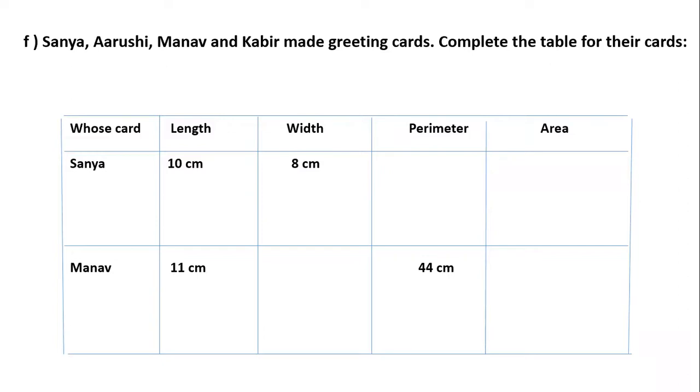First question. Length is 10 centimeters. Width or breadth is 8 centimeters. What is the perimeter? And what is the area? Use the formula. Please do it and let me know the answer.